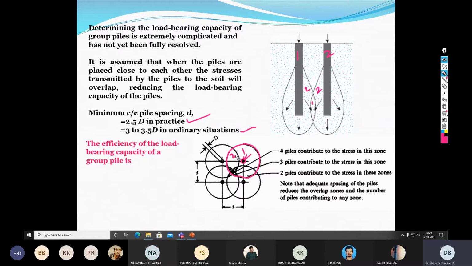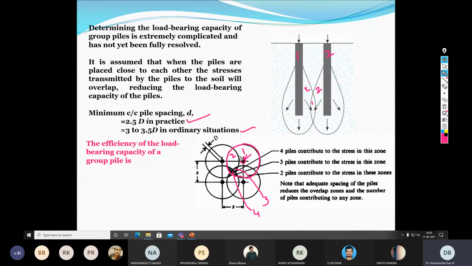In zone 2, the load is coming from 2 piles on the left and right side. Another is zone 3, which experiences the load from 3 piles, while the last one is zone 4. In zone 4, the soil experiences the load from all the 4 piles.